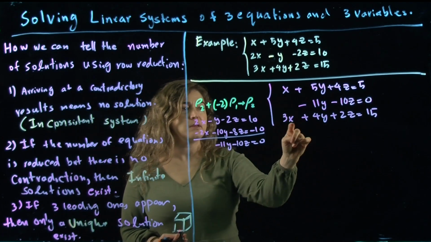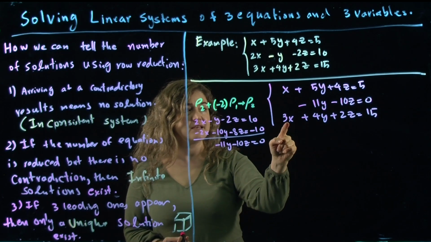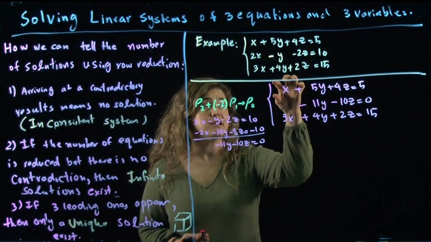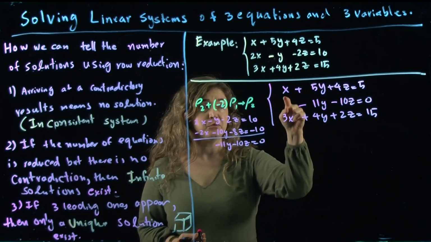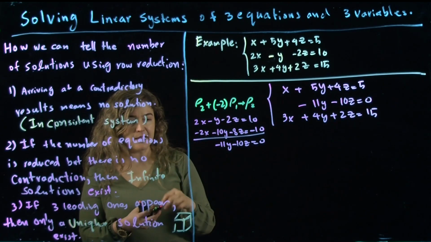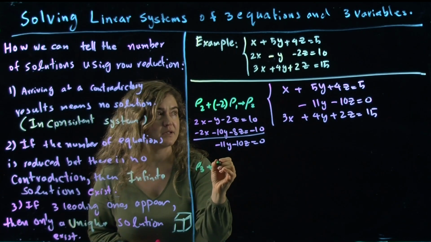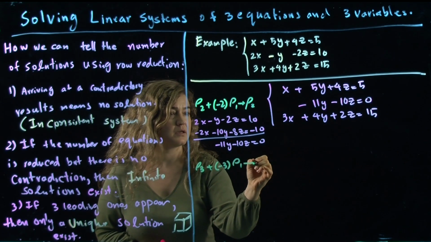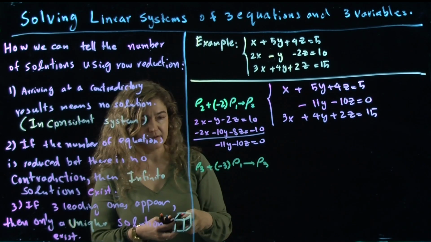Now we need to eliminate x in the third row as well. Again, use the row with leading 1 to eliminate x in the third row. That would be row 3 plus negative 3 times row 1 has to go into row 3.